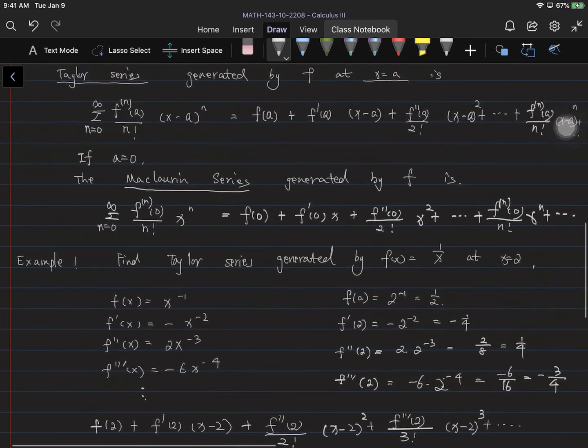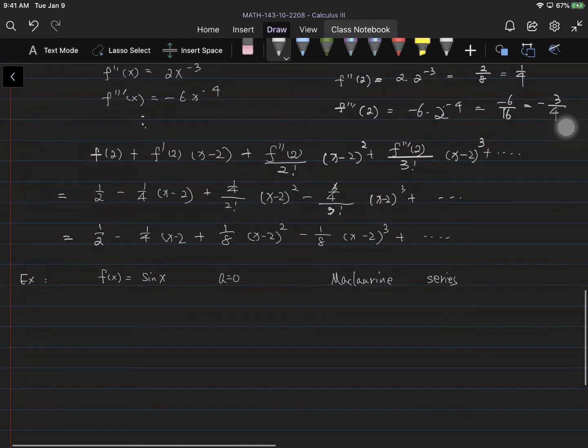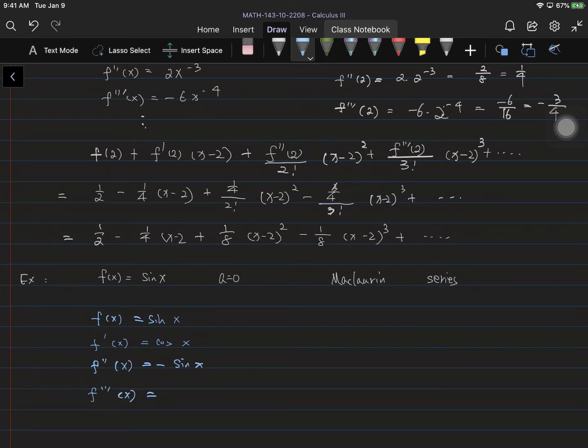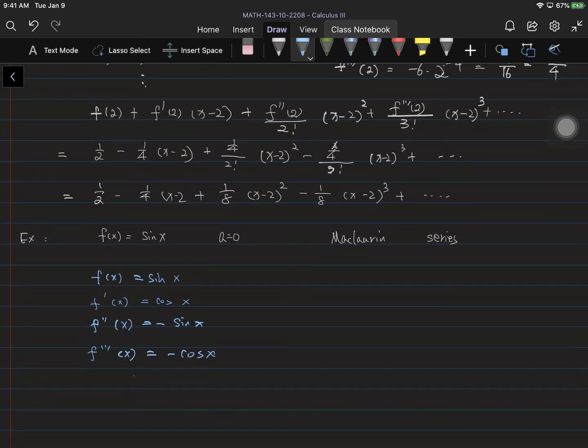Okay, you can try. Now I'm going to give you the solution to this one. I will do it this way. I just write down f(x), f prime(x). Okay, I can stop here.